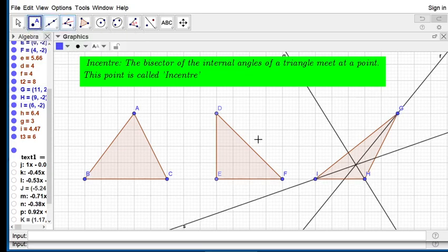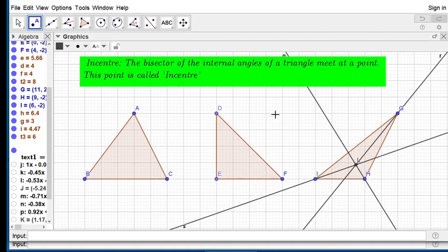So the incentre lies inside the obtuse angle triangle as well. So in all the three triangles, obtuse, acute or right, the incentre lies inside the triangle, the meeting point of the angle bisectors of the internal angles of the triangles.